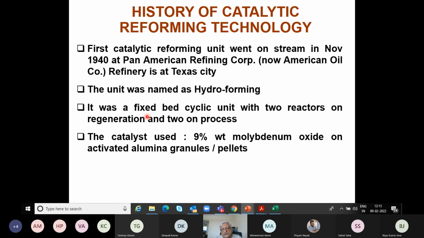So it went on for a long time. In fact, this was a major technology which provided gasoline not only to vehicles, but in those days some of the planes, like the fighter jets, also used to run on gasoline.